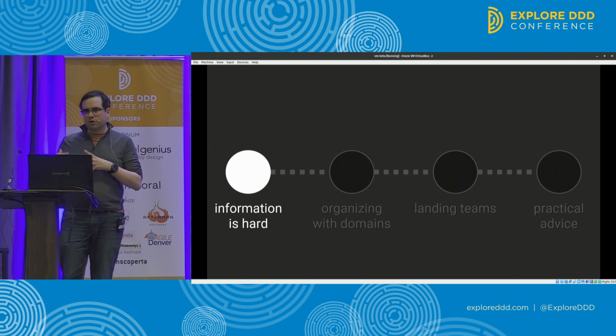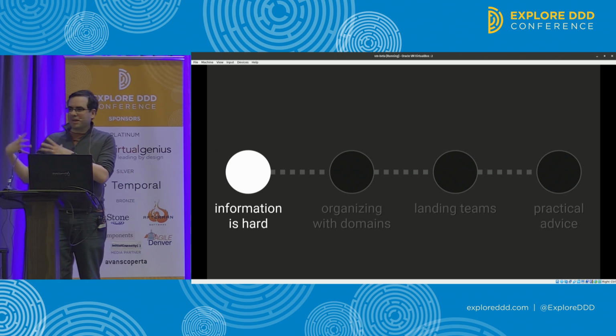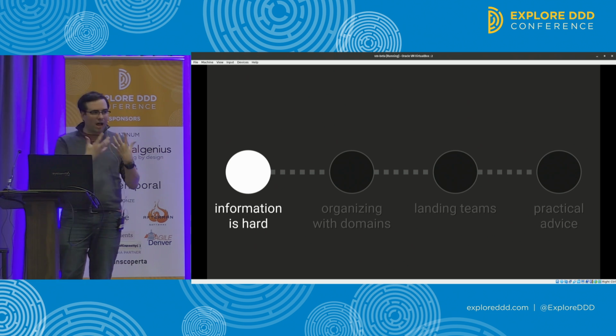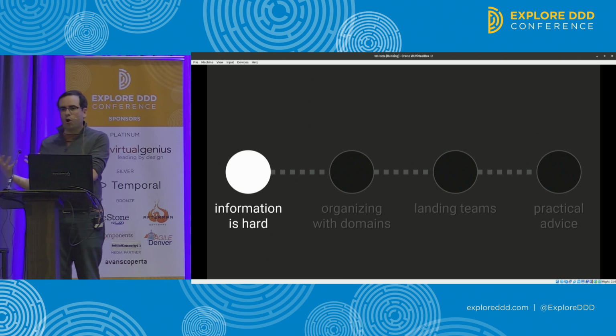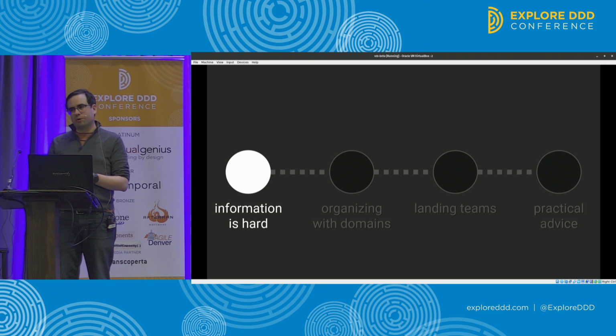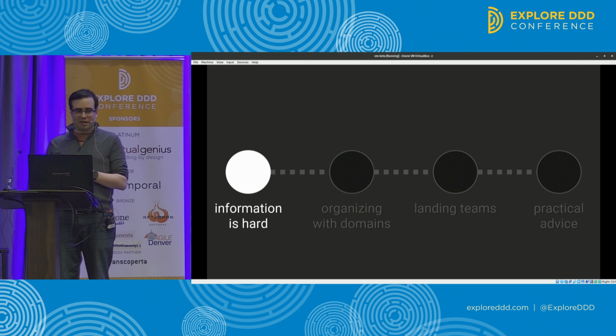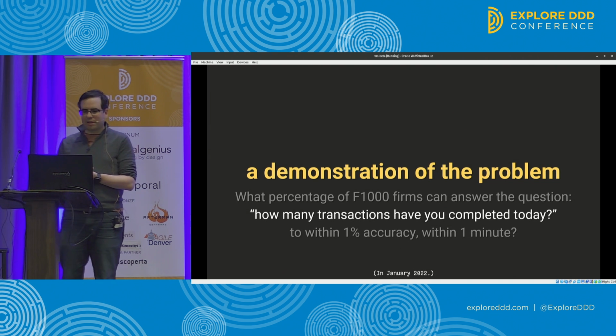But if they don't devote a proportional amount of energy to making sure that they can explain how everything fits together, why that information is important, how it's used to solve business problems, then it very quickly gets really hard to build software systems effectively. So I want to start by talking about some of the reasons that organizations struggle or stumble when managing their information complexity.